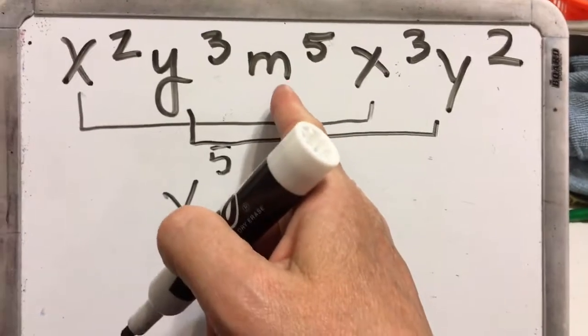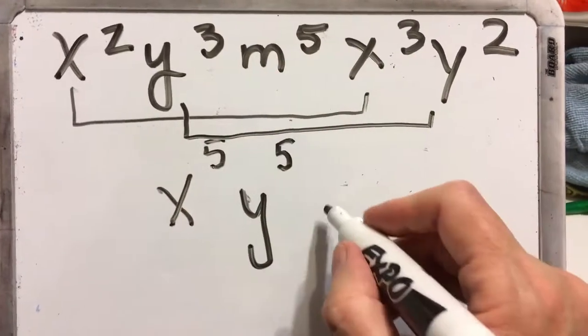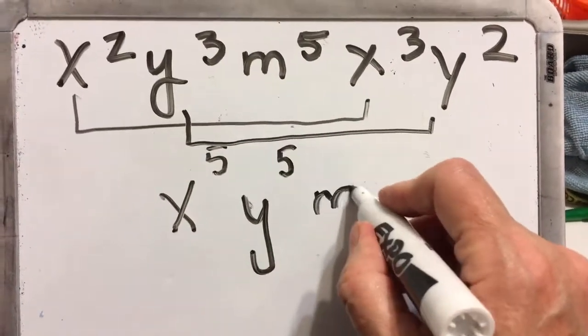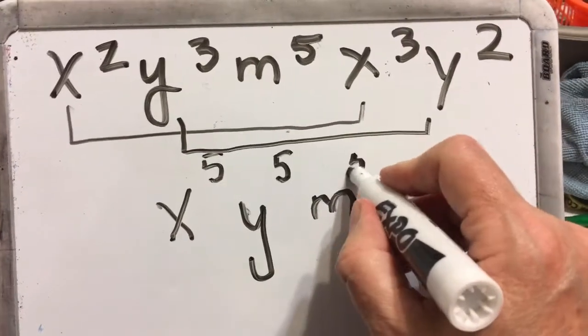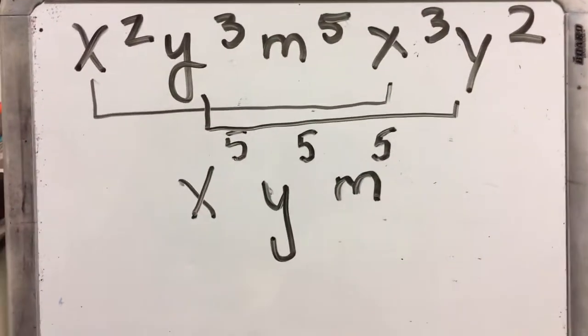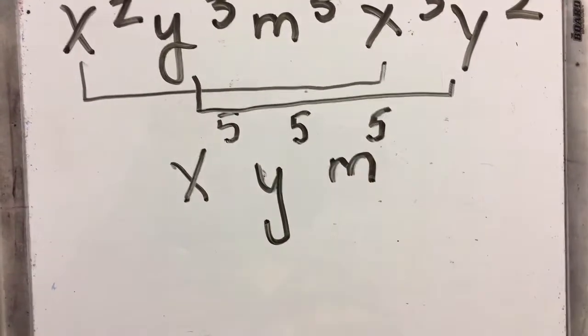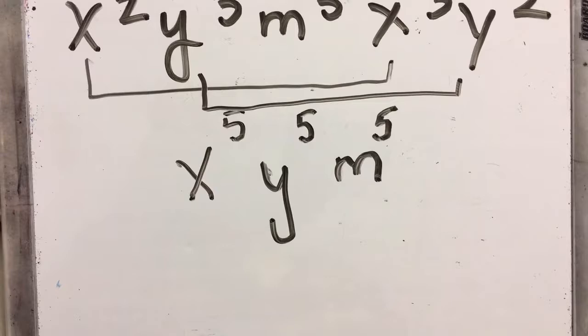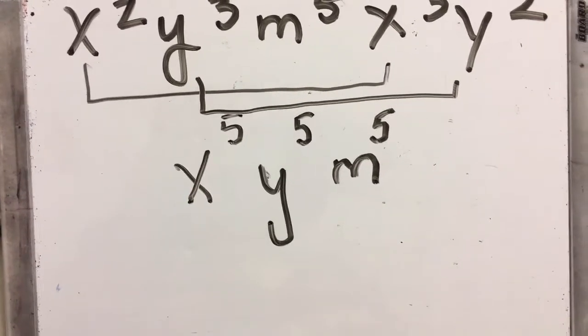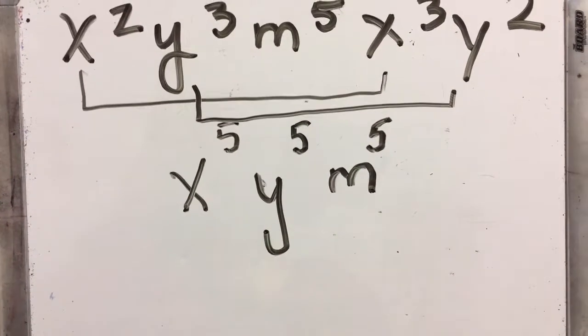And I've got this poor little lonely m. He doesn't have anybody else to go with. So I just put down m to the 5th. And I do not have to worry about which order I put them in. I do not have to put variables in alphabetical order. Sometimes you will see them in that order, but it's not mandatory.